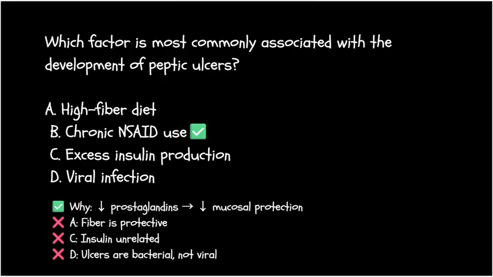All right? So why not A? I mean, fiber is protective, but it's not what we're looking for here. Fiber is protective. Fiber is not gonna produce an ulcer. Insulin, that's not related. And ulcers are bacterial, not viral.